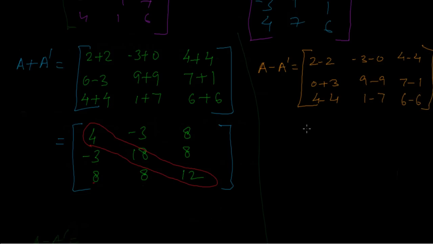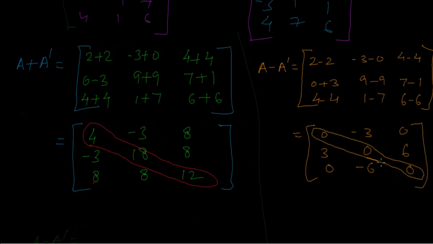So we get 0, minus 3, 0, 3, 0, 6, 0, minus 6, 0. The diagonal is 0, and here is minus 3 and there is 3, the opposite sign, and likewise 6 and minus 6. So it is a skew symmetric matrix.